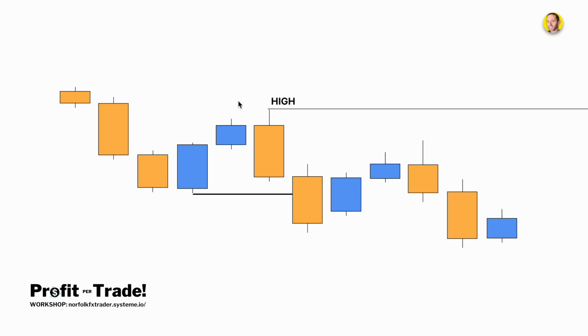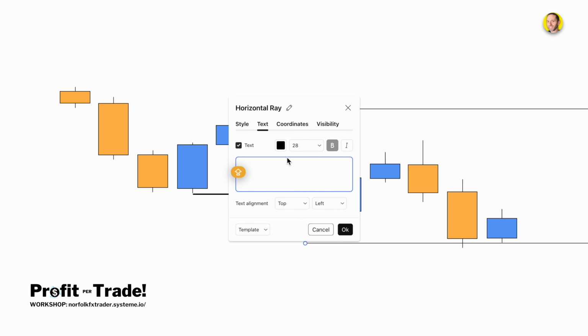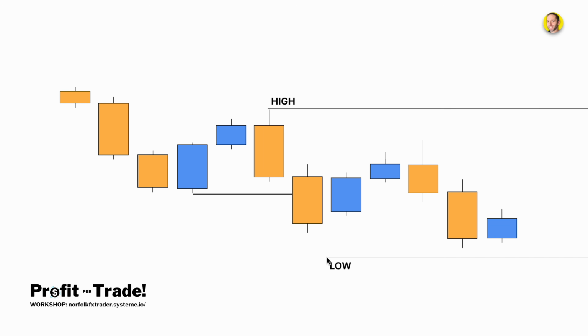So once you have your high in the market, what are we looking for next? We're looking for that valid low. Now for a valid low, we're looking for the same thing to happen. We just type this out and put this at the bottom. For a valid low, once price breaks out, we're looking for the first time we see price closing above the previous candle's high. And again, this happens on this bullish candle.